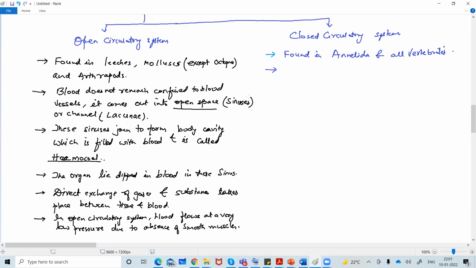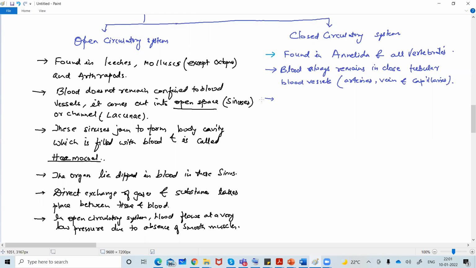So you can say that blood always remains in closed tubular blood vessels. When we say blood vessels, we are talking about arteries, veins, and blood capillaries.